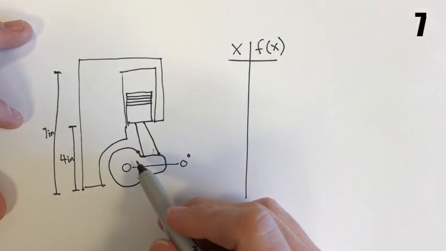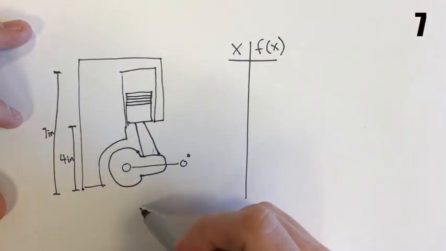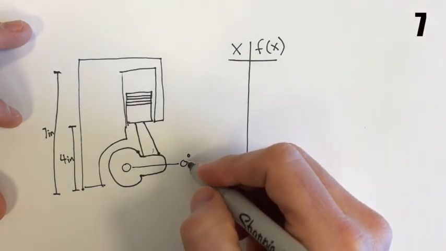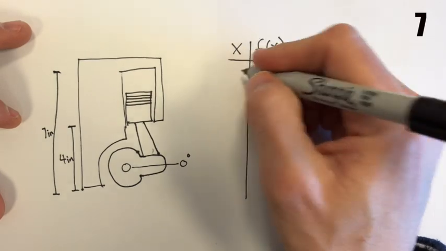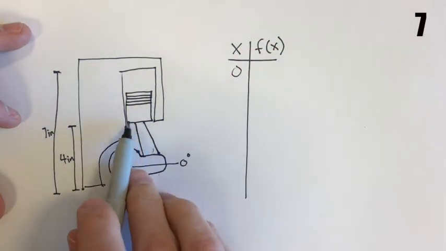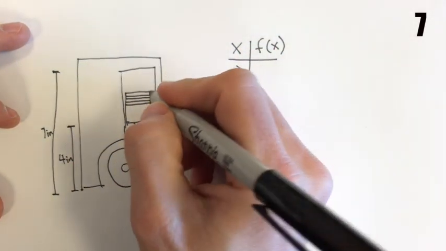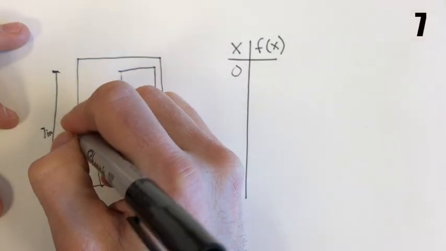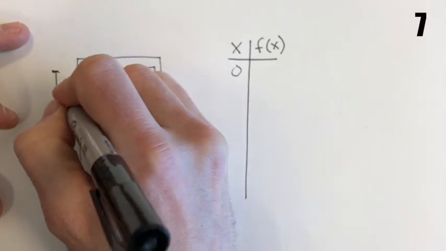Okay, in this situation, we're looking at the rotation of this crankshaft here. And right now, this would be considered 0 degrees. When this is at 0 degrees, and we're measuring the height of the top of the piston here, right now it's at 5.5 inches.